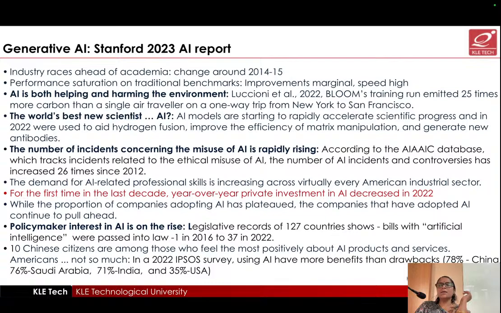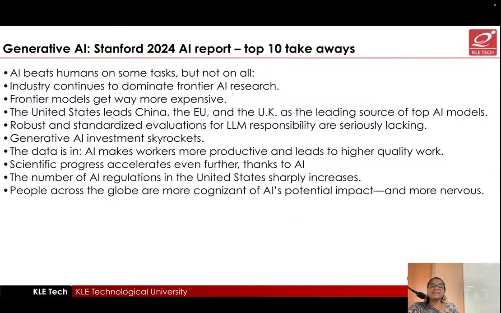Look at the red that I have. For the first time in the last decade, the investment in AI decreased in 2022. But in the next report, I think I didn't make this red. Initially I had made it, I don't know why it has not.